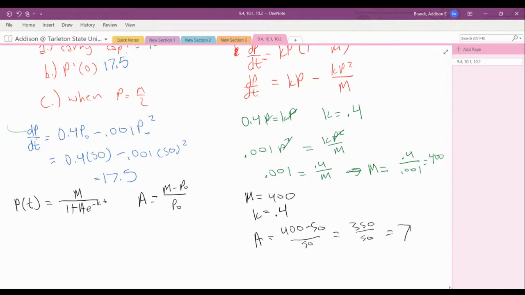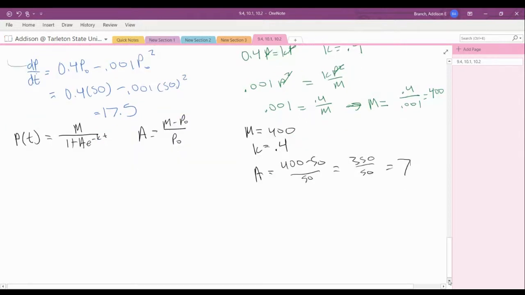Now we can create our formula for this one. P of t is equal to 400 over 1 plus 7e to the negative 0.4t. Since we know our population is 200, we can solve for t.